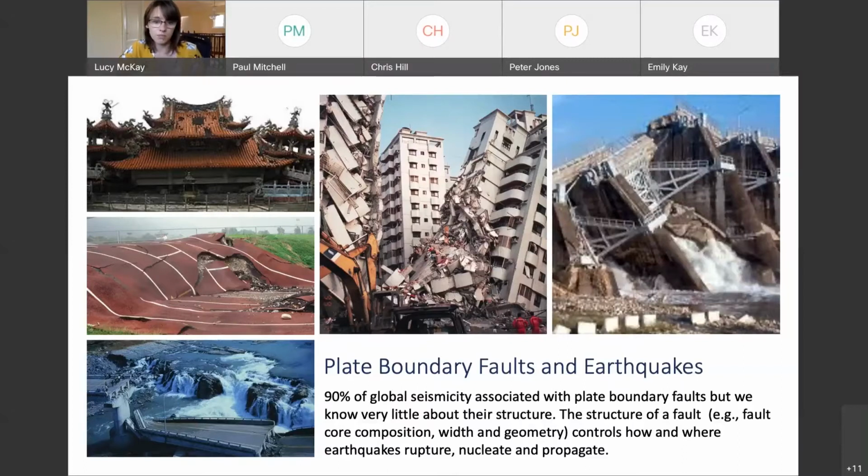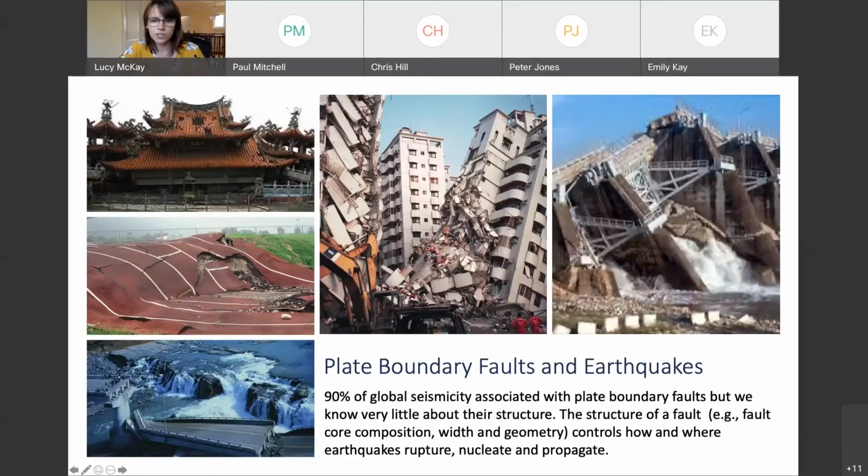consequently the surface severity and damage. So for example, the 1999 magnitude 7.7 earthquake along the Chulungpu plate boundary fault, which was the second deadliest earthquake in Taiwan's history, saw significant variation in slip and ground motion at different locations along this fault, which is shown in this image.